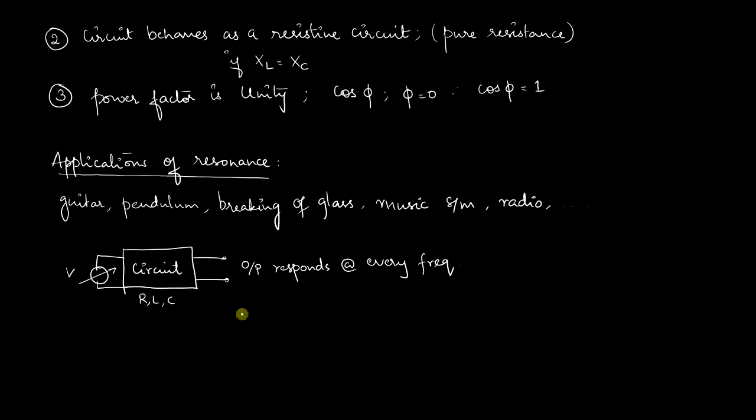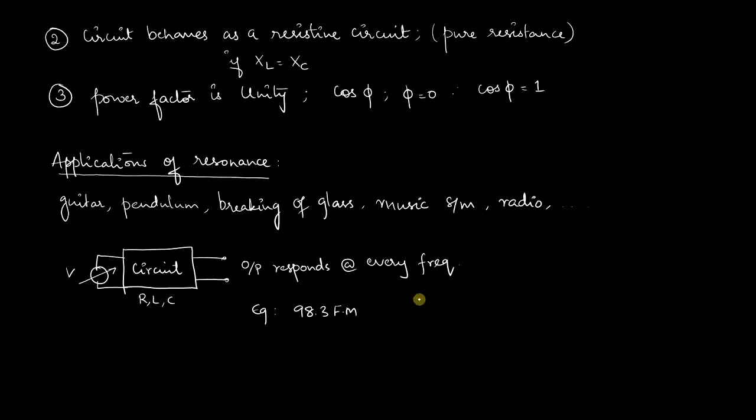Say for example, if you are listening to 98.3 FM, before you reach 98.3 or after you reach 98.3, after means if you're turning your knob still more, there will be interference or noise. It is only at the frequency 98.3 you will get the signal.